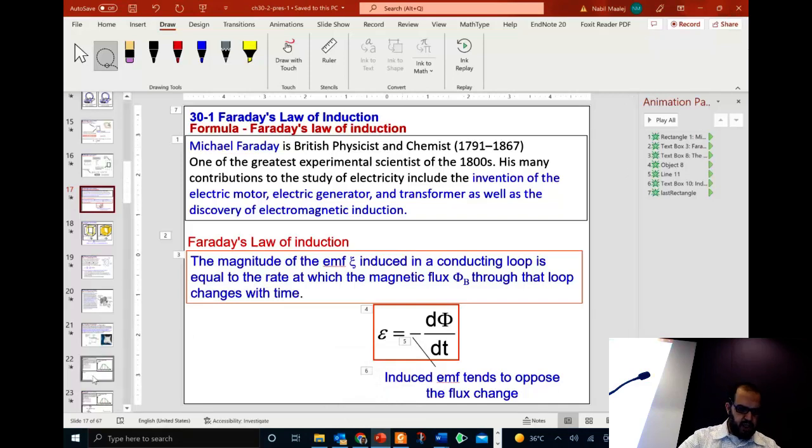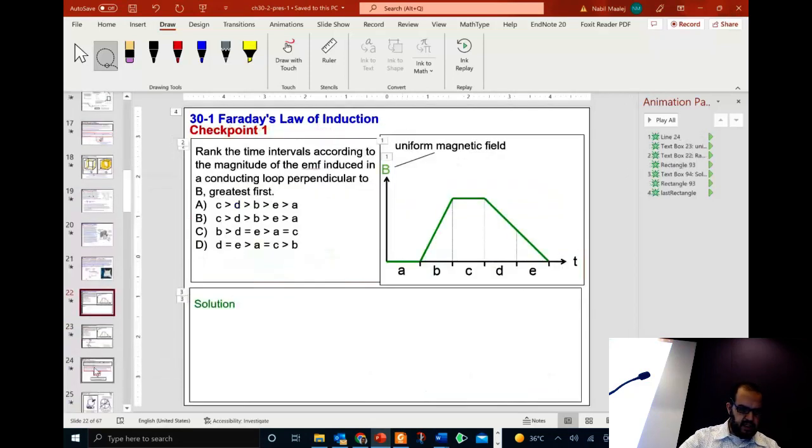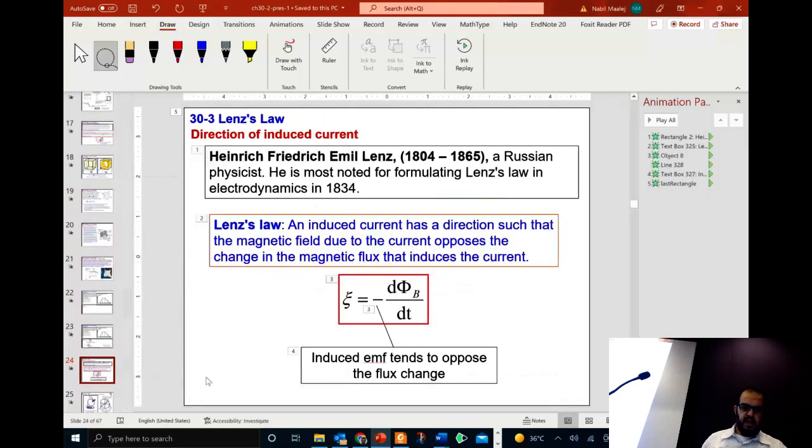So I want to give credit for Lenz's law. Heinrich Friedrich Lenz lived in the early 1800s. He was a Russian physicist, and he is noted for Lenz's law of electrodynamics. The law says an induced current has a direction such that the magnetic field due to the current opposes the change in the magnetic flux that induces this current.